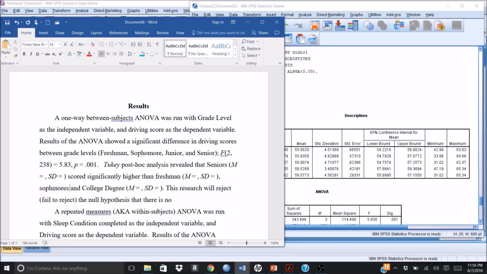sophomores and the mean and standard deviation, it should be italicized. Oops.